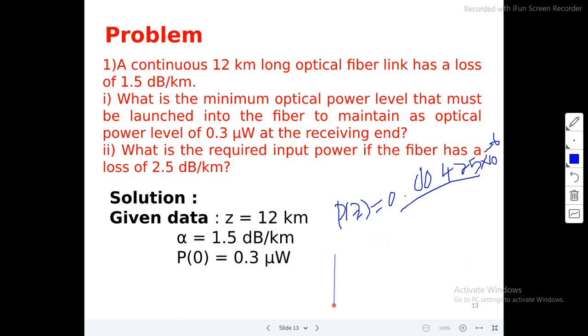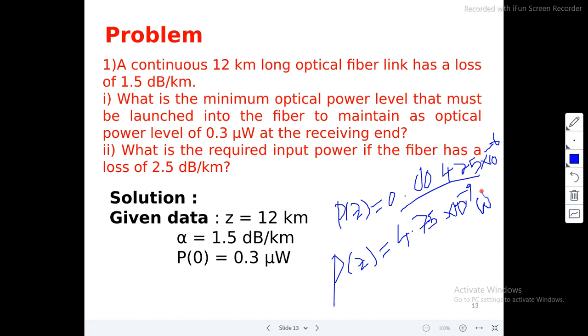So therefore the final value is P of Z is equal to 4.75 into 10 to the power of minus 9.